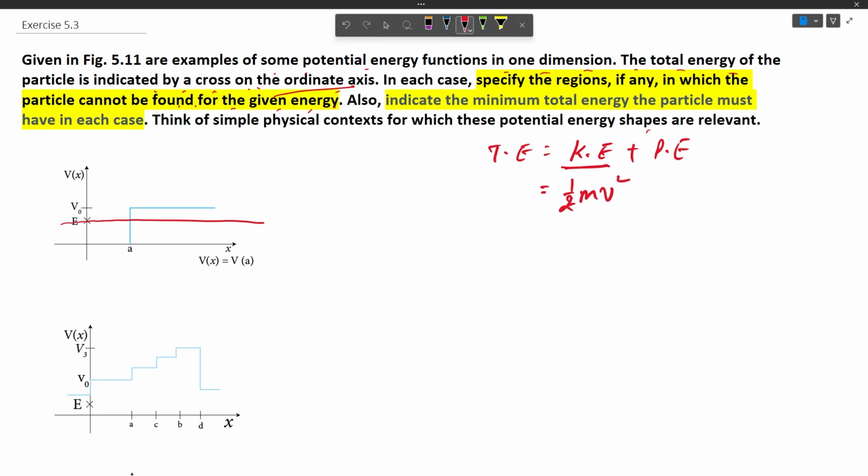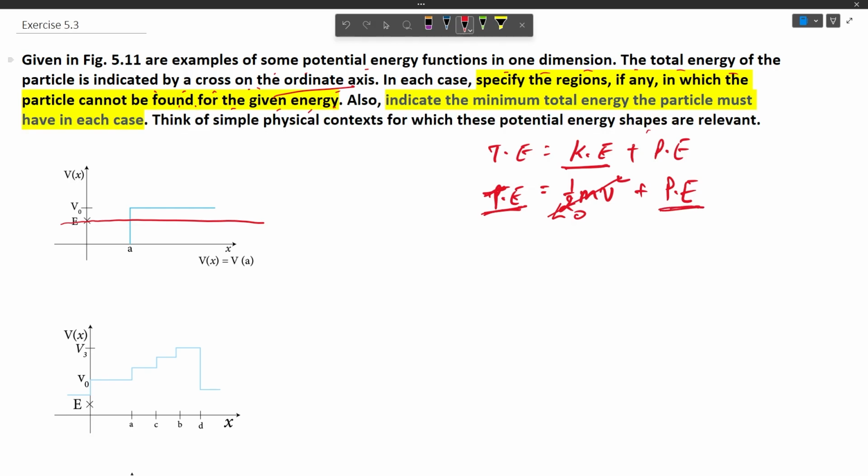No matter what the velocity is, it is never going to be negative. So we are left with potential energy. If we have to find the minimum total energy, we can simply minimize the kinetic energy to 0. Then we can say total energy equals potential energy.